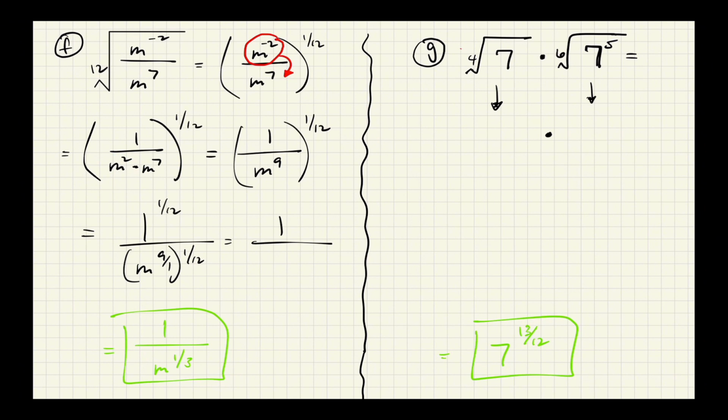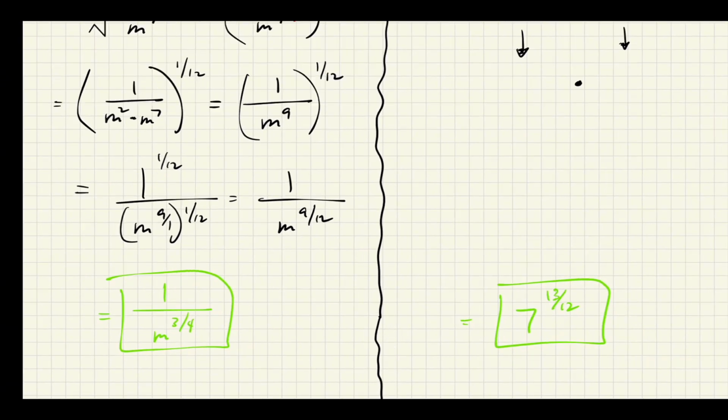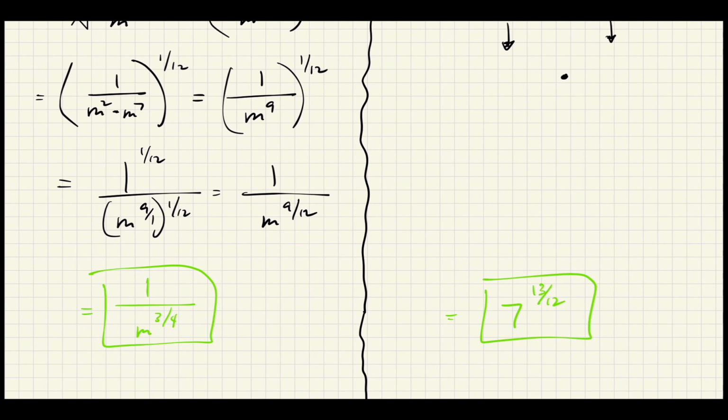So the top is just going to be 1. The bottom, when you multiply, is going to be 9 over 12. You can reduce 9 over 12 to 1/3. No, 1/4, right? No. 3/4, right? Yeah, it's 3/4. Sorry. Done?